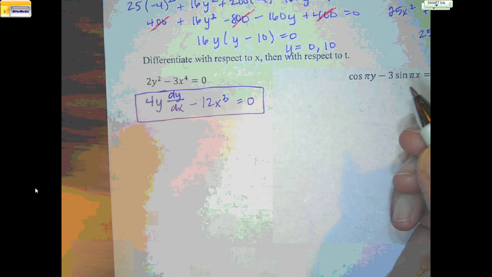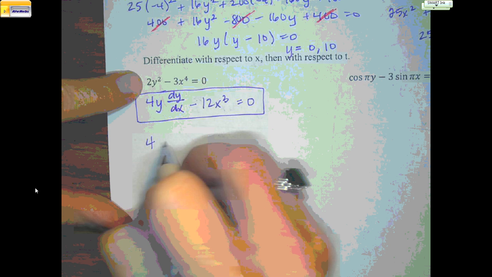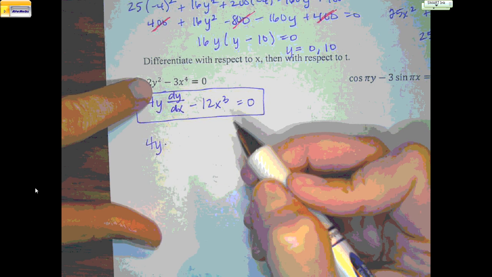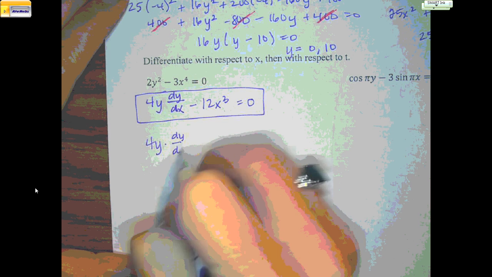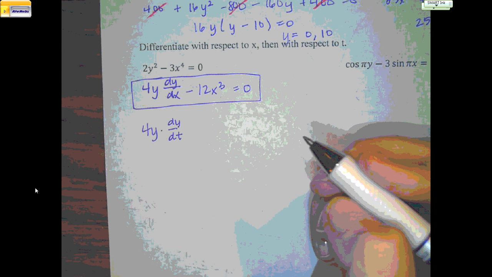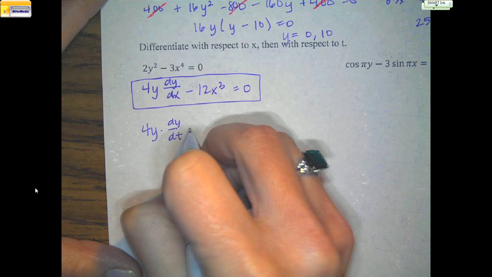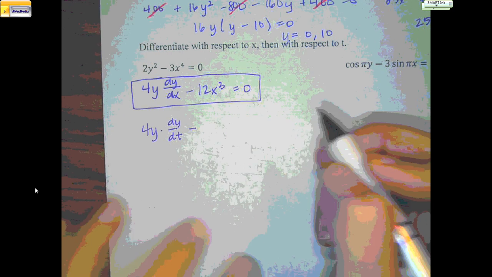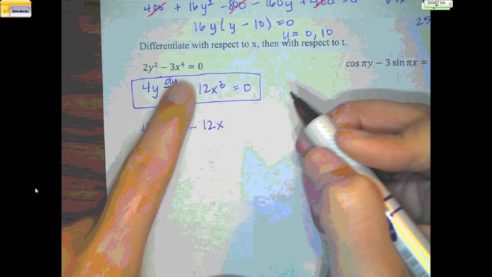So let's start at the beginning again. 2 times 2 is 4. The y is now to the first power. Now we need the derivative of the inner function. So the derivative of y with respect to t this time. So instead of dy dx, we have dy dt. Minus 3 times 4 is 12, times x to the, now it's a 3.